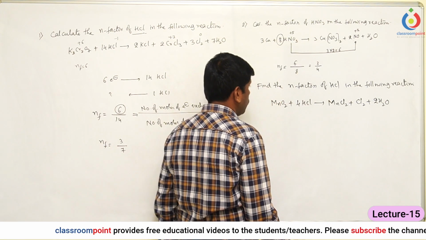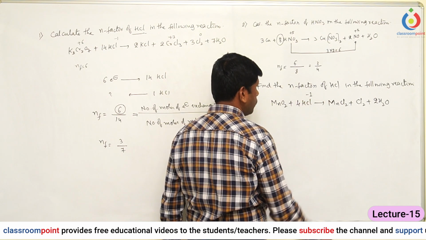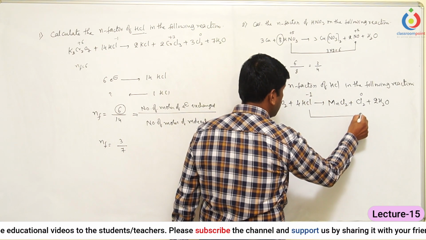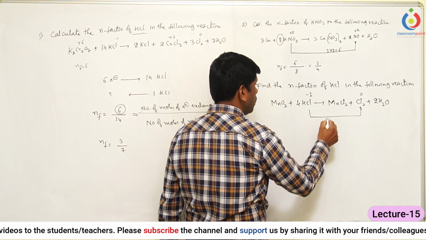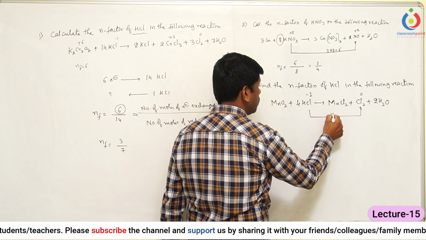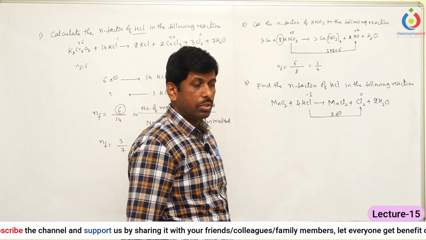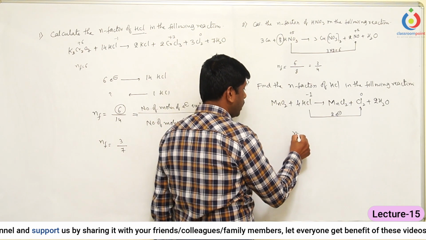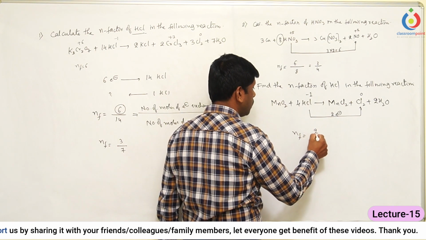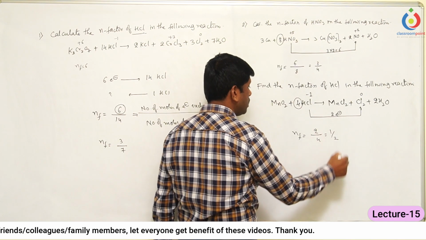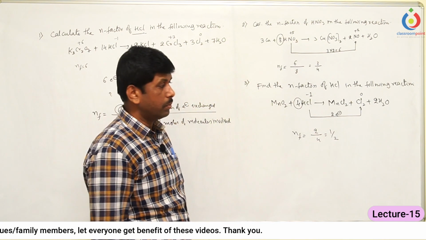So here chlorine oxidation state is -1, here chlorine oxidation state is 0. How many chlorines are totally involved? 2 chlorines are involved, so that means 2 electrons. Totally electrons lost equals 2. Then N factor equals number of moles of electrons by number of moles of the molecules taken. That's why its value is equal to 1/2.